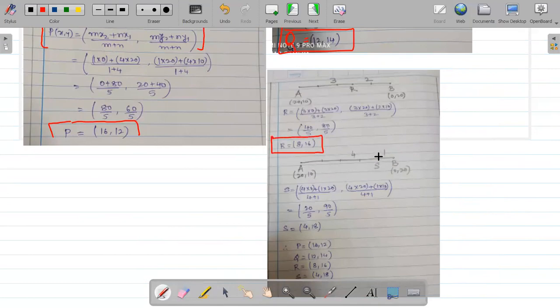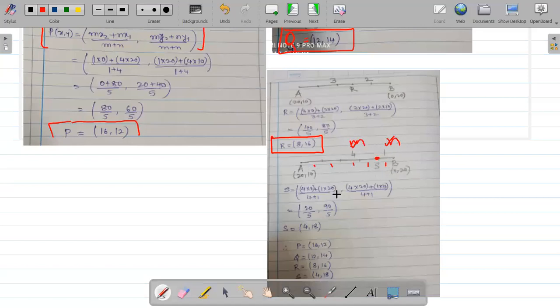And then we find the coordinates for point S: 1, 2, 3, 4 parts on the left, so that's 4 over here, and one part on the right, that's a 1 on the right side. So 4:1 is the ratio. This is M, this is N.